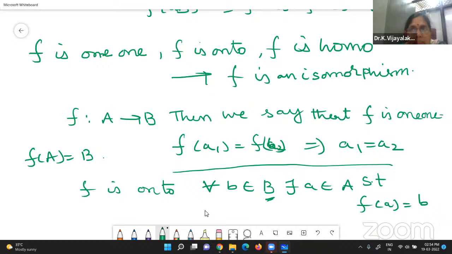A homomorphism from a ring R into itself, R to R, instead of taking two rings R and S, if you take only one ring, f from R to R, then it is called an endomorphism. An isomorphism from a ring R into itself is called an automorphism.